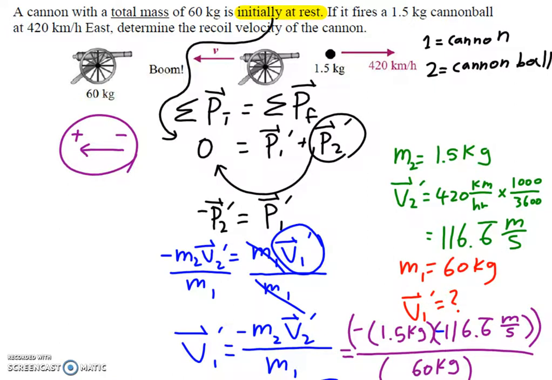As you may see, the cannonball is going towards the east, and you may notice the cannonball's mass is really tiny compared to the cannon's mass. So naturally, because the cannon is heavier, it's going to move slower.